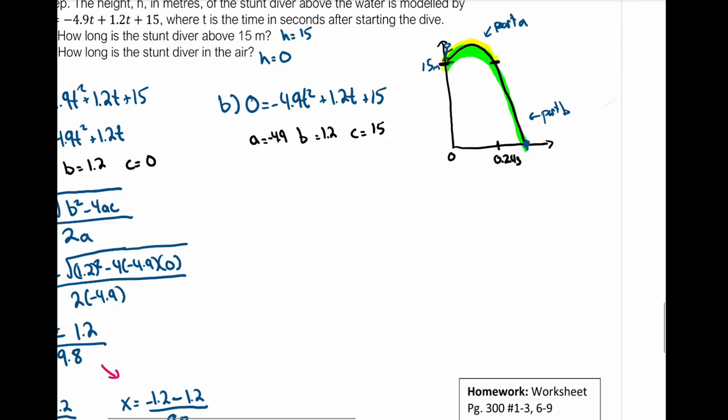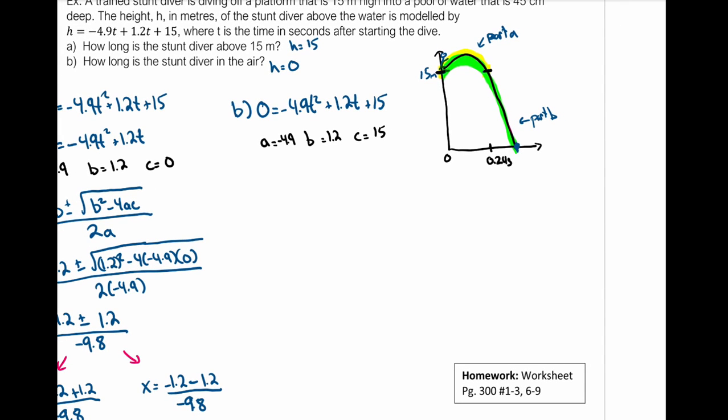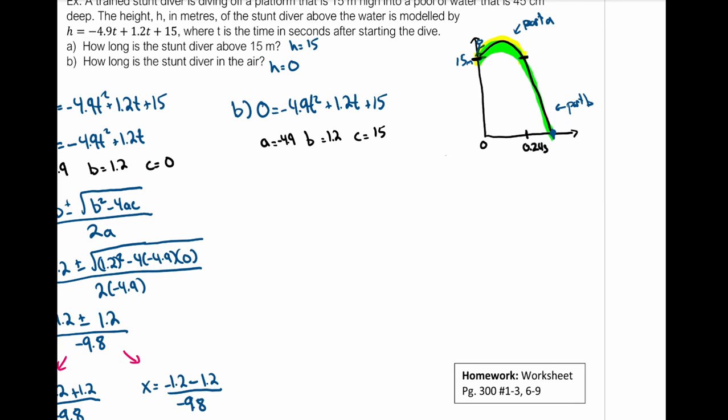So we are going to have to do a little bit more calculations because we don't have that 0 to kind of cancel some things out. Let me just move that out of the way. So using my quadratic formula now, x equals negative b plus or minus the square root of b squared minus 4ac, all divided by 2a.